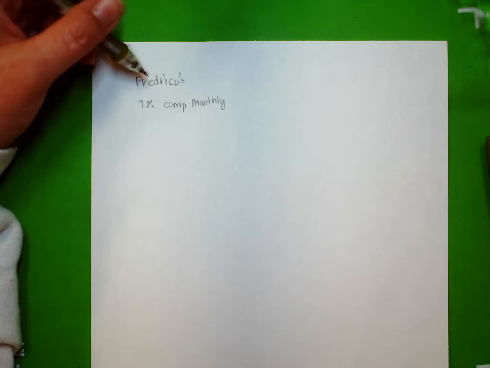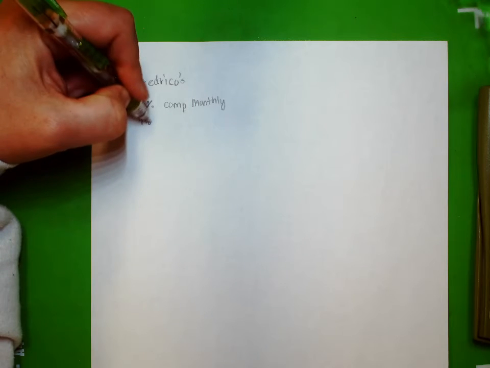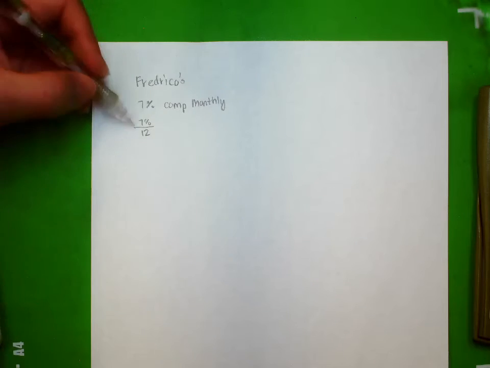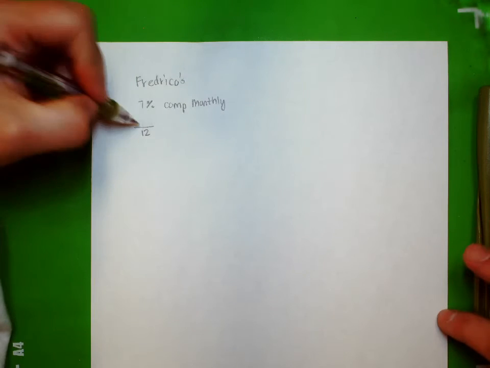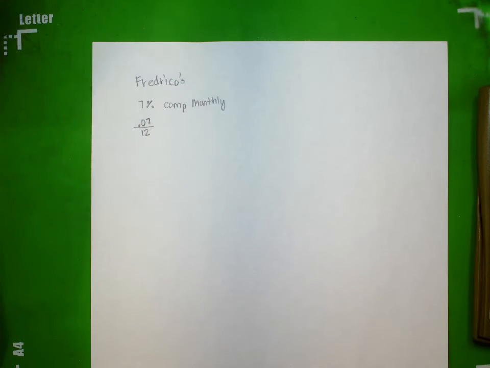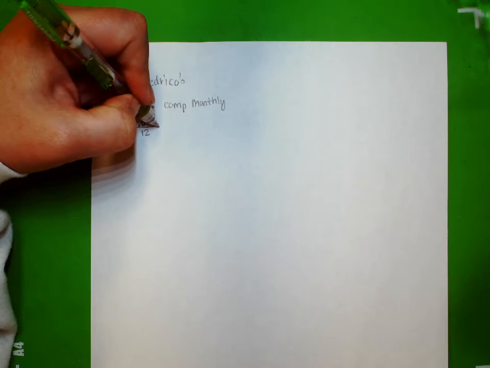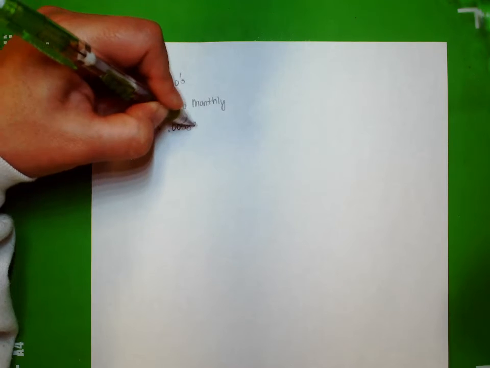You take and divide 7% by 12 months to figure out how much it's growing per month. 7% written as a decimal is the helpful way to plug that into a calculator. So 0.07 divided by 12, and we get a monthly increase of 0.00583, and the 3 is repeated.